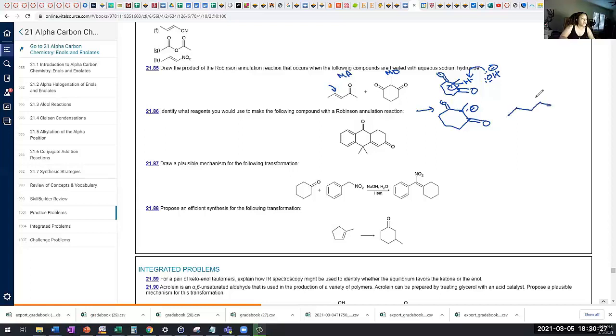Now we can react this with this alpha beta unsaturated carbonyl, attack right here, open this up. So I'm going to count my carbons 1, 2, 3, 1, 2, 3, 4, 5, so that I can make sure I draw this correctly. And then I protonate this thing.